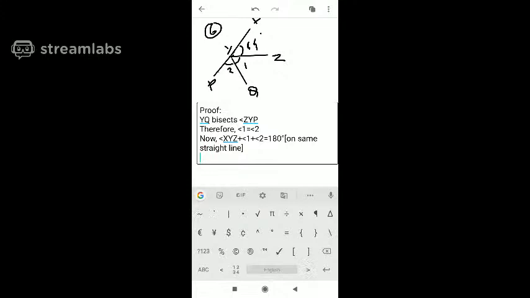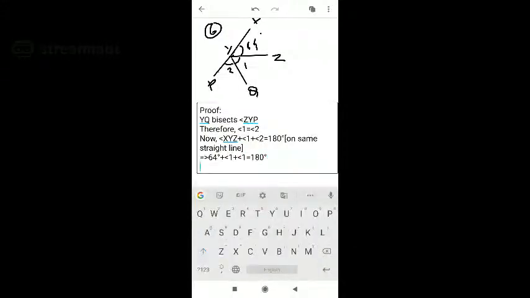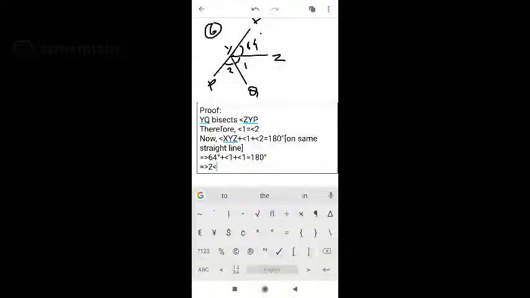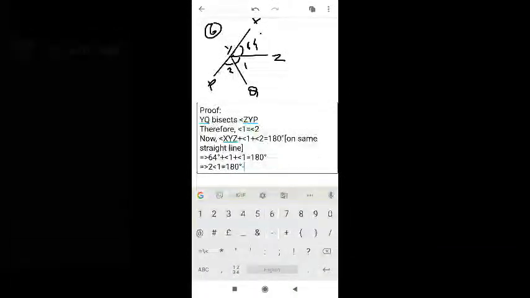So 64 degrees plus angle 1, and since angle 1 and angle 2 are equal, I will write angle 2 also. Next line implies 2 angle 1 plus 64 equals 180 degrees; that 64 I will transfer to that side, so it will be 180 degrees minus 64 degrees.